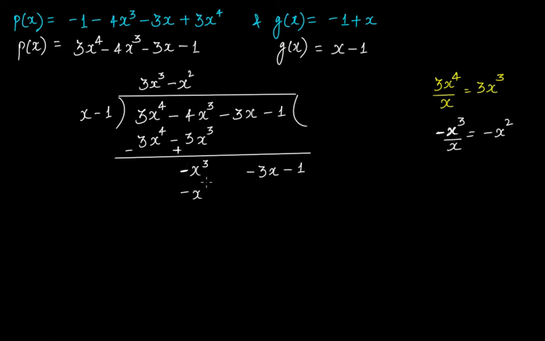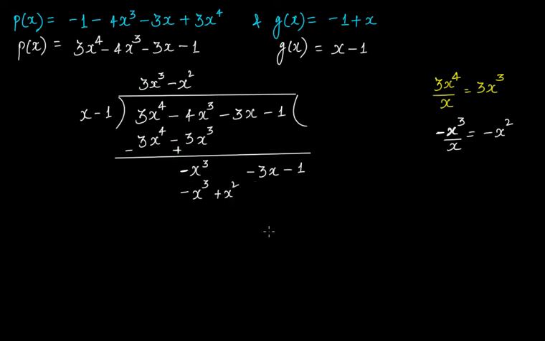Minus x squared multiplied by x gives you minus x cubed. Then minus x squared multiplied by minus 1 will give you plus x squared. But here you don't have the x squared term, as we noted from the start. So write it here, plus x squared.